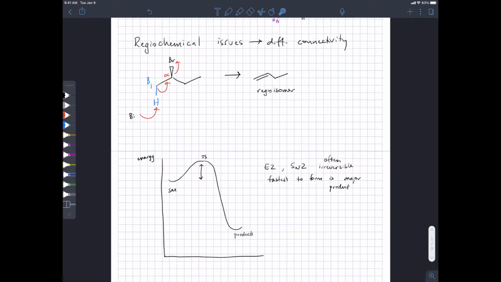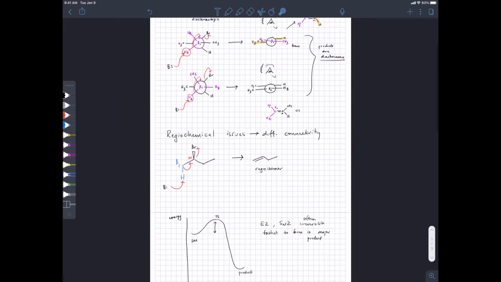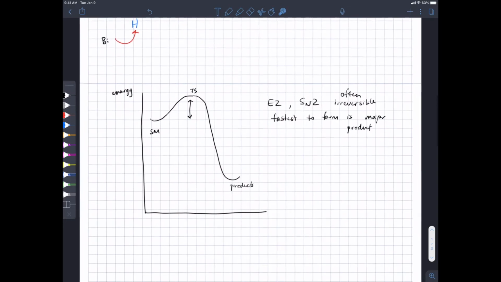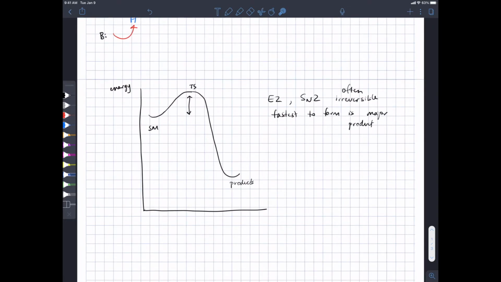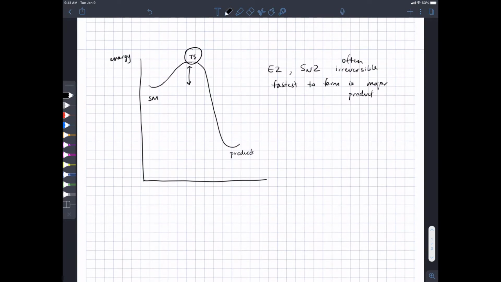I'm only showing you one pathway, but it's possible that the pathway leading to the trans diastereomer is different in energy from the pathway leading to the cis diastereomer, which is different in energy from the pathway leading to the other regioisomer. So when reactions are irreversible, the fastest product to form wins. And so we need to talk about what the E2 transition state looks like.